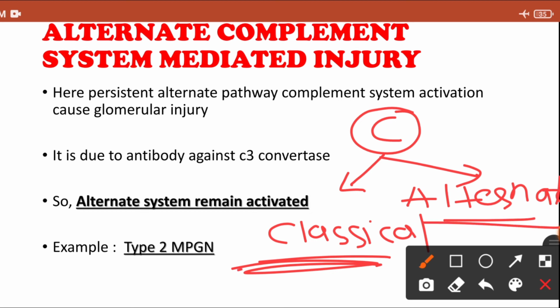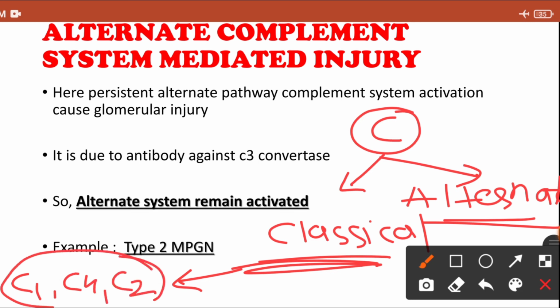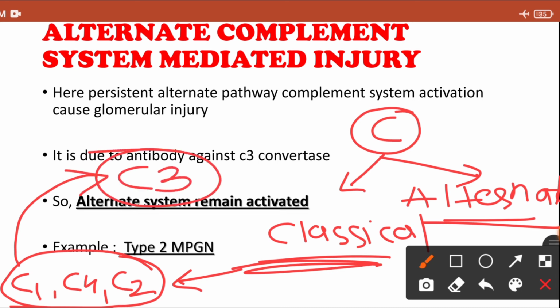In the classical pathway, initially there is activation of complement C1, C4 and C2, right? These complements are activated and that will ultimately activate C3. And finally by activation of C3, there is formation of the C5 to C9 membrane attack complex. So this is the classical pathway.